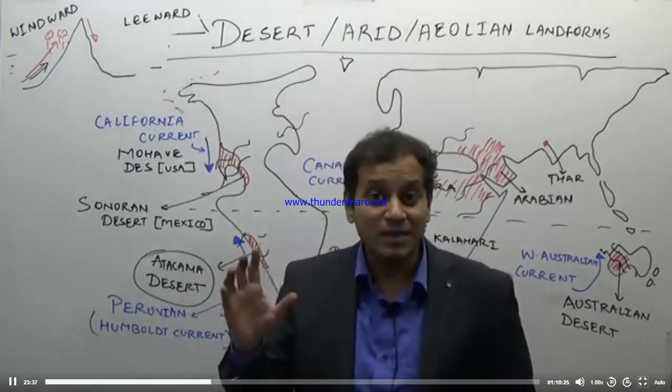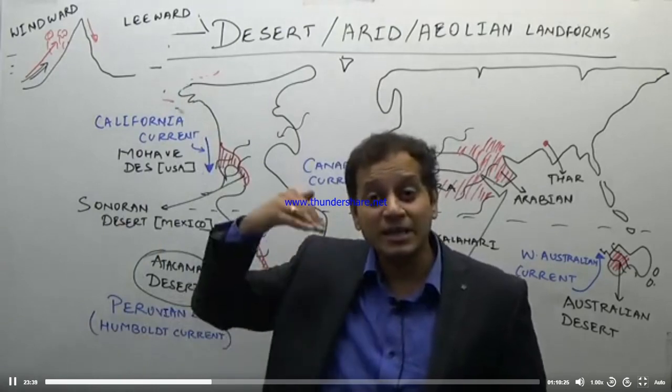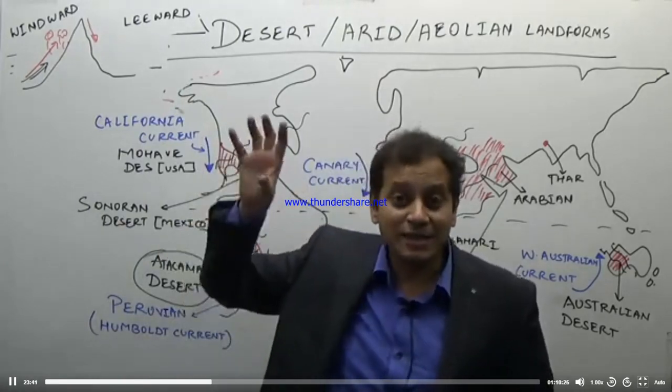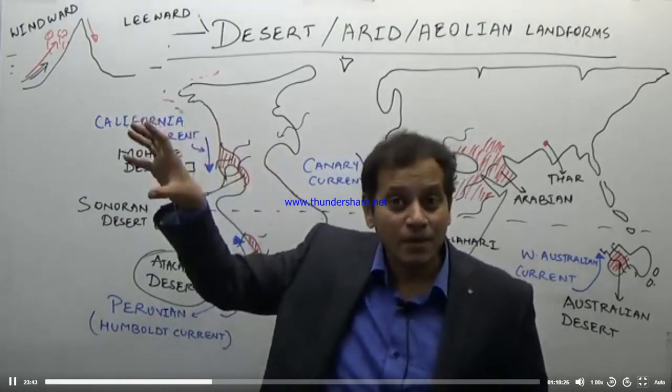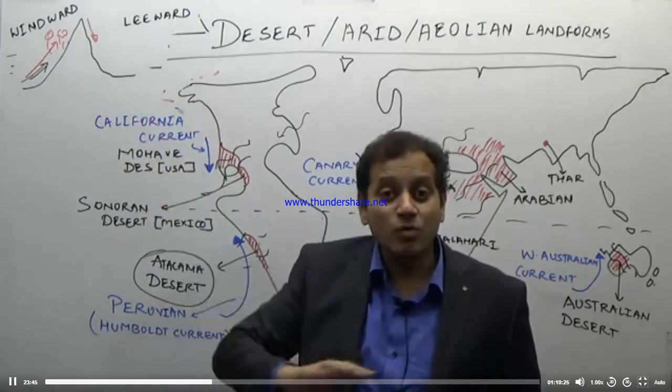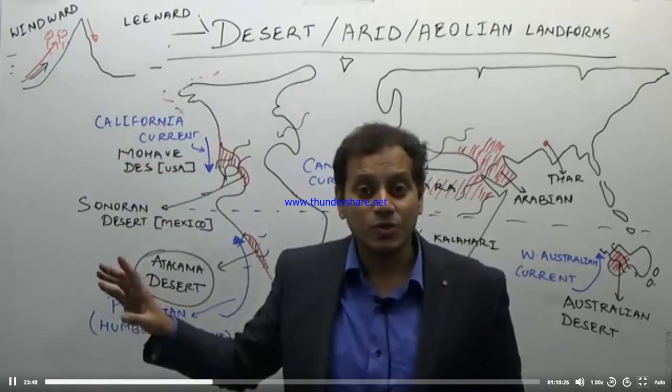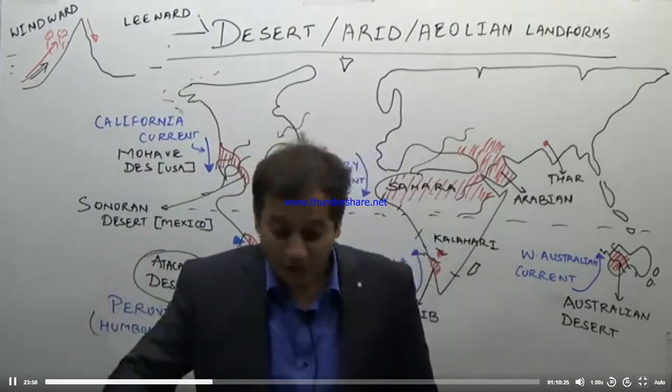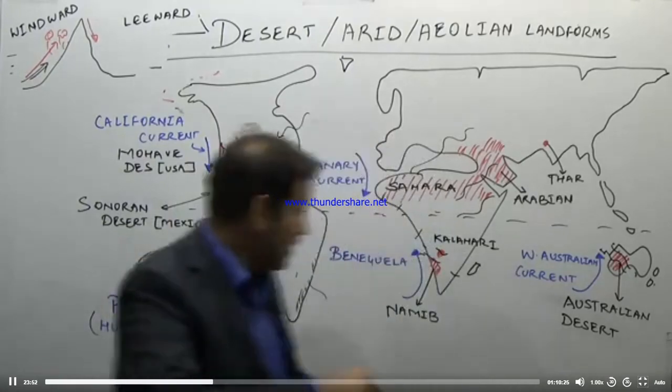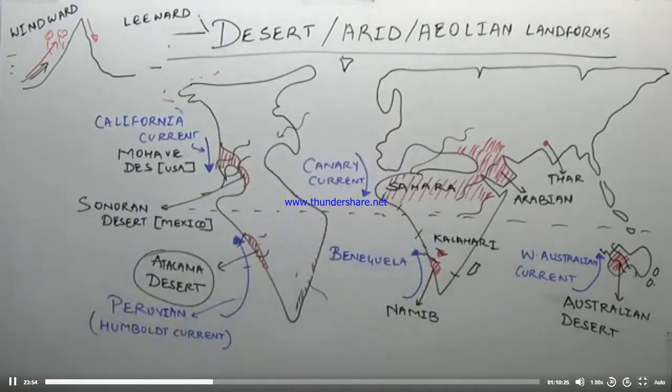Similarly, there are many deserts. There are some of the deserts which lie so much in the interior of the continents that till the time winds reach there, there is no moisture for the winds to give rainfall. One of these deserts, I will mark this in red color, these deserts are Patagonia Desert.